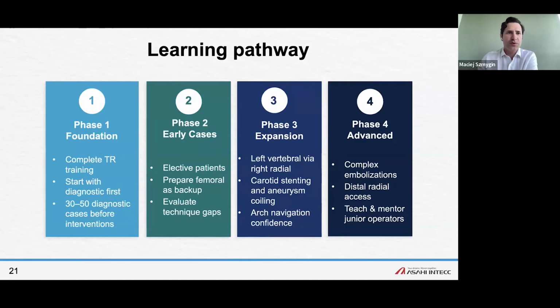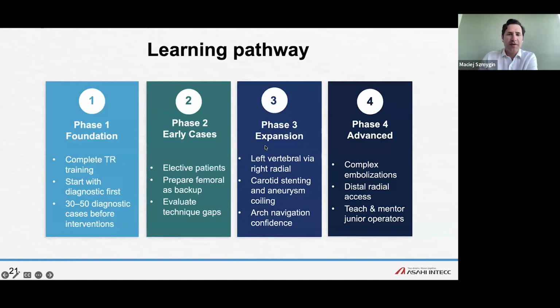And then we suggest doing it in elective cases, because when there is stress, there is rush, maybe try to use femoral at first. Always prepare femoral as backup. If there is anything going on with the radial access, have this as a backup, and evaluate your technique gaps and your experience with radial access.